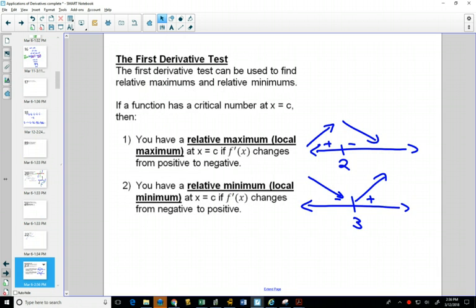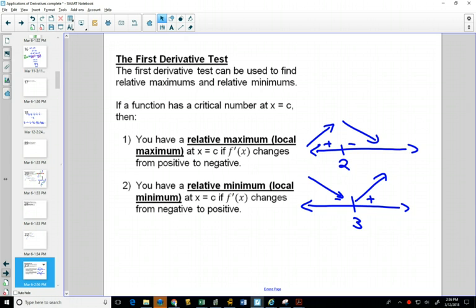First derivative test. This is what we were doing earlier. We're looking at what happens when you find your stationary point, you find your critical numbers. Remember, critical numbers are where your derivative is equal to 0 or where you have non-permissible values.